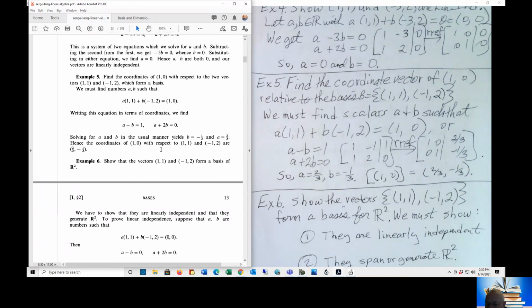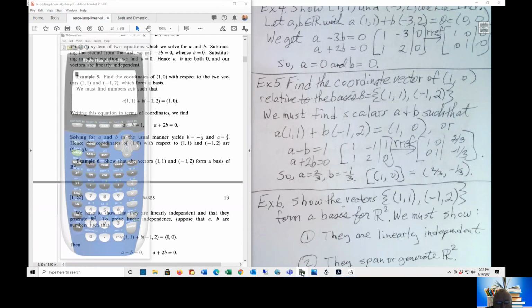And so that means that the coordinate vector of the vector (1, 0) is the vector (2/3, negative 1/3). I might show you briefly how you do that on the calculator.